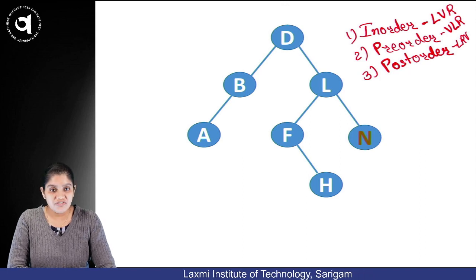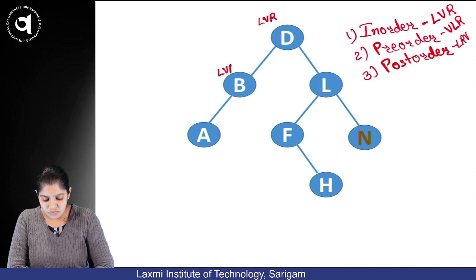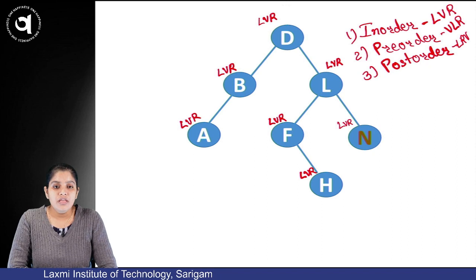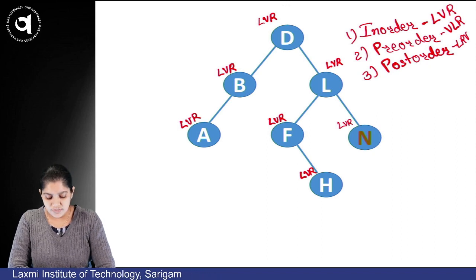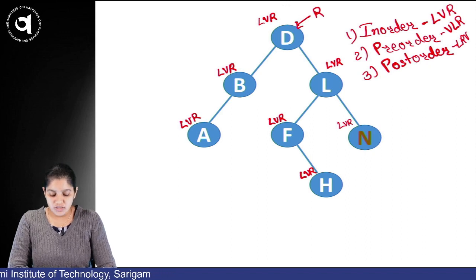So for Inorder we have LVR, so I am writing LVR over all the nodes. Now we need to start from the root node. This is my root node. First we need to go for the left.